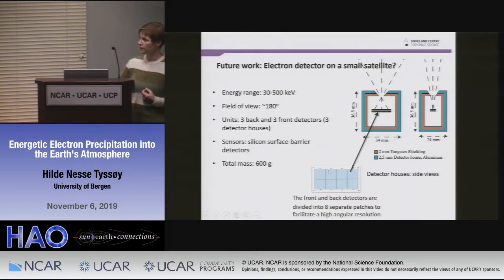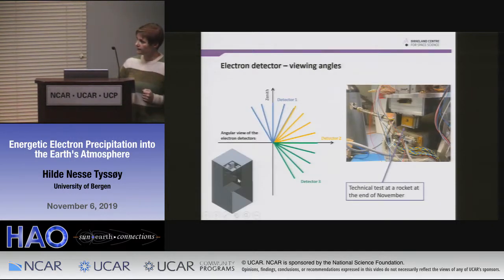So we should be able, in theory at least, to get a fairly good pitch angle distribution. And the intent is that there should be 3 of these detectors. So in total, it will cover a pitch angle region of about 180 degrees.